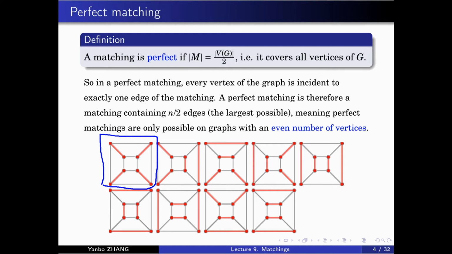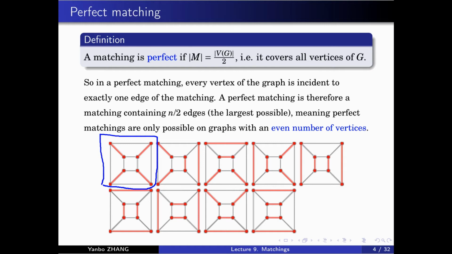The red edges form a perfect matching of this graph. So in a perfect matching, every vertex of the graph is incident to exactly one edge of the matching. A perfect matching is therefore a matching containing half of n edges, which is the largest possible.